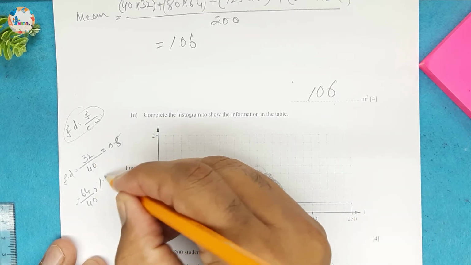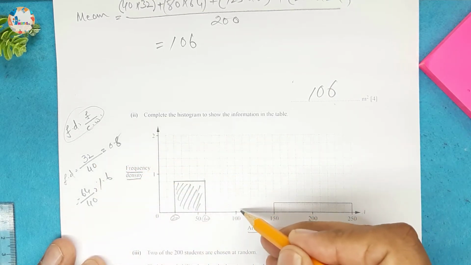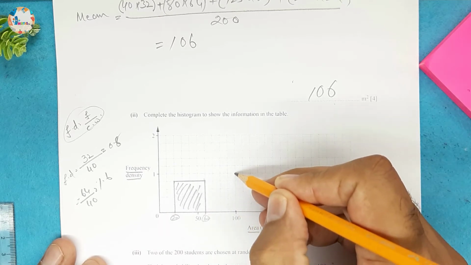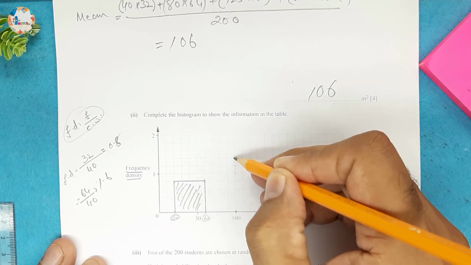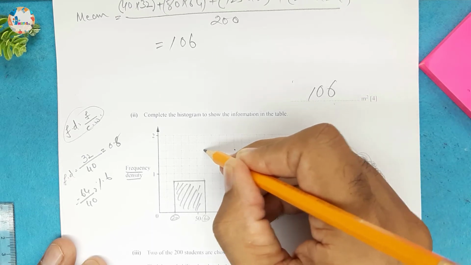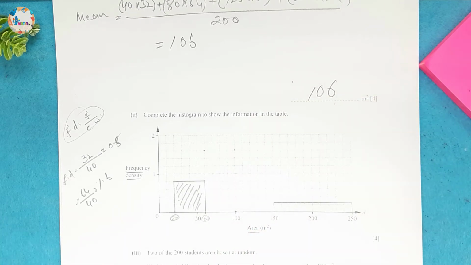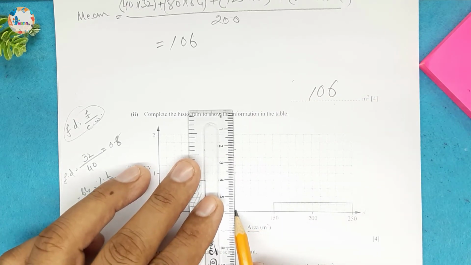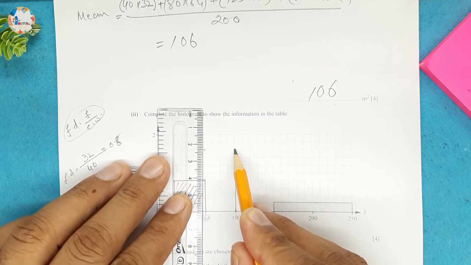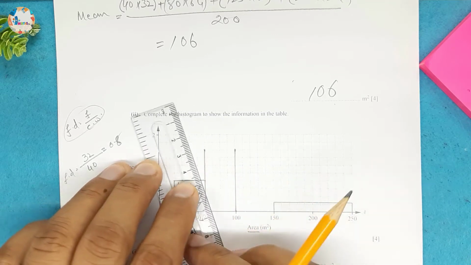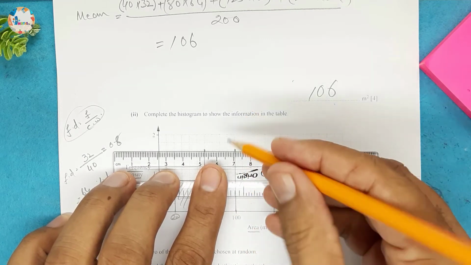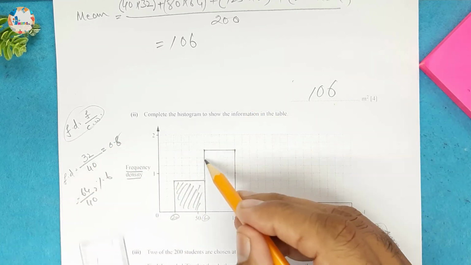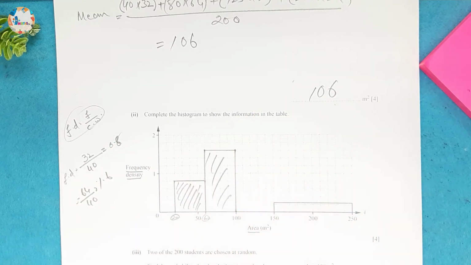So 1.6 height, 1 is this one, so 1.2, 1.4, 1.6 will be this one. So these two marks we have indicated over here. First is up to this one, and second will be this one, and then we'll be closing the bar from the top. So this will be the histogram.